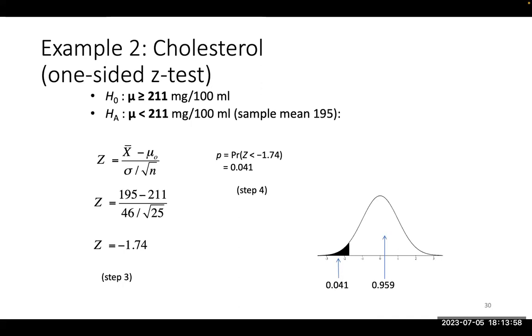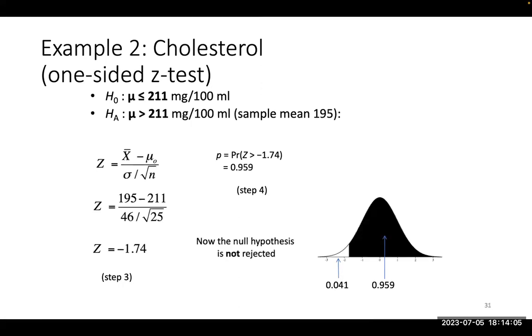The problem is the one-sided test depends on the direction that you're looking at, because if you have an alternative hypothesis that points in the other direction, and you're saying, okay, is my mu actually smaller or equal to 211, then your research hypothesis actually points towards the sample mean being greater than 211, and that basically gives you everything above that threshold.